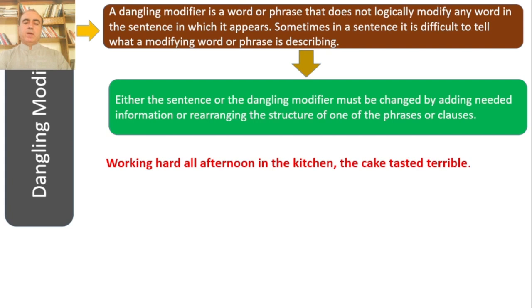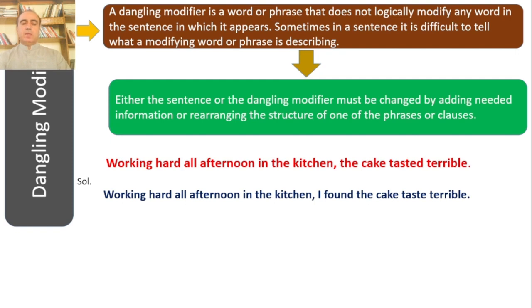So we can revise the structure like this. Working hard all afternoon in the kitchen, I found the cake tasted terrible. So here we have supplied "I found", and the structure has also been revised. How have we revised it?